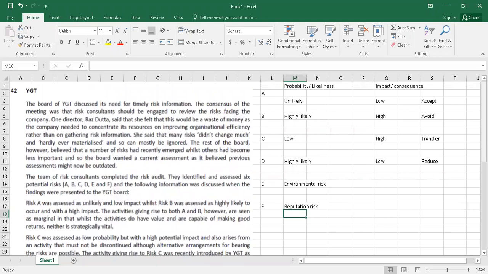Then we can also criticize her on the lines that the other board members have believed that new risks are emerging. From the information given in the case study, we can see that they have identified 6 different risks. Therefore, there are new risks that are emerging. Therefore, a risk assessment is important and needs to be taken up.